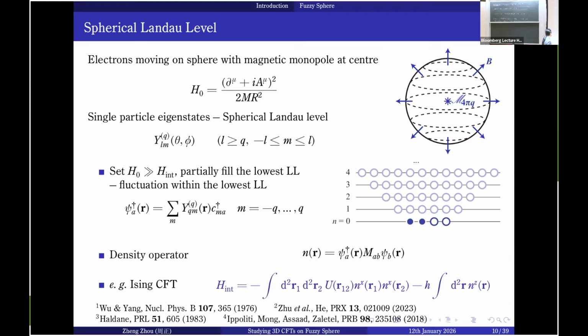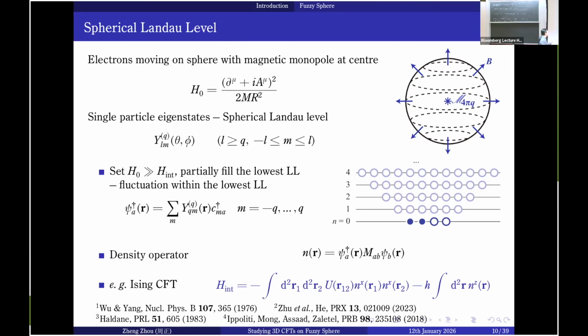So if we set the single particle gap to be much larger than the scale of the interaction, and then partially fill the lowest Landau level, we can constrain the quantum fluctuation within the lowest Landau level. So we can project the system onto the lowest Landau level and just throw away everything that is above. This gives us a finite Hamiltonian, which we can study numerically.